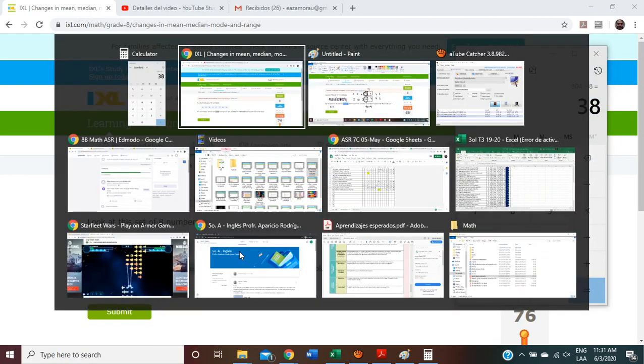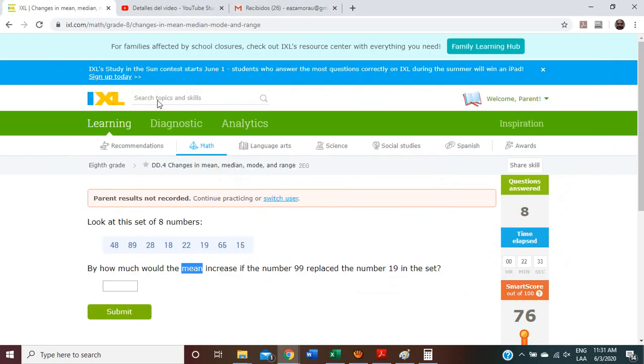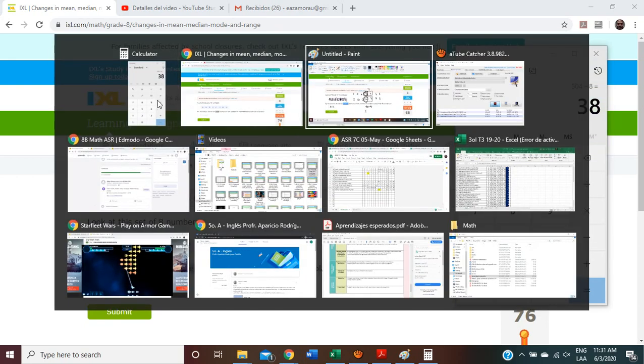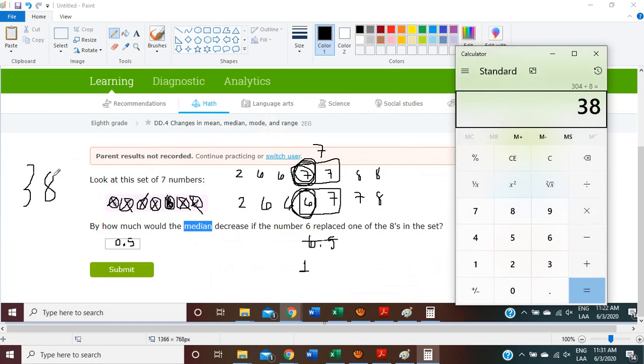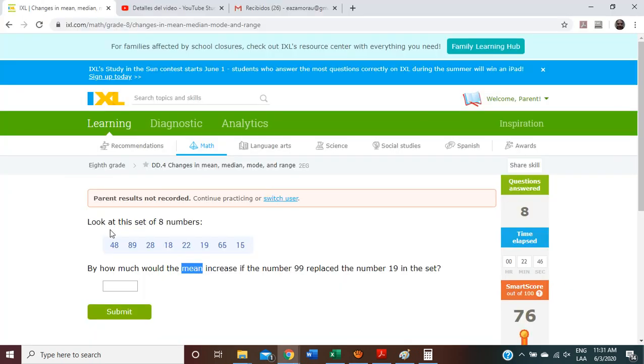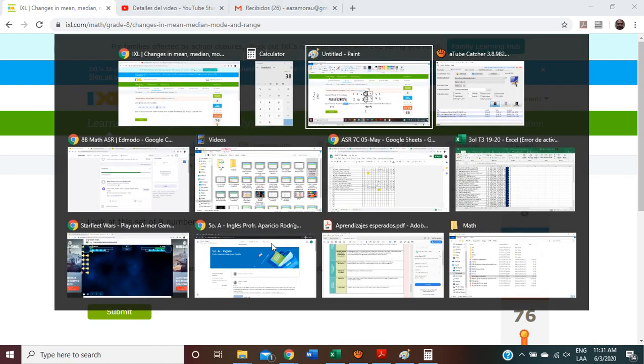All right, you know what? I am going to write it somewhere else, right here, 38. Wow, big number. All right, so the question says, if the number 99 replaces the number 19, so instead of writing 19, we're going to write 99. I am not going to do the whole operation again.